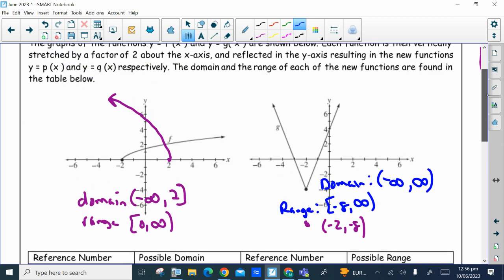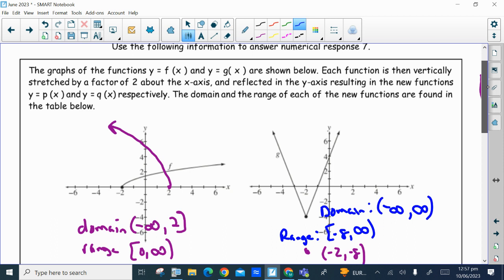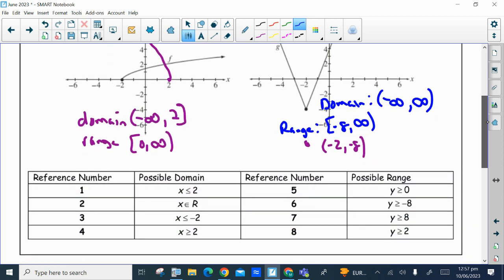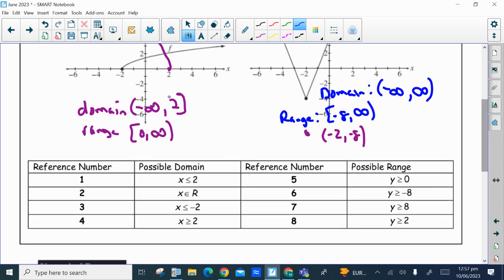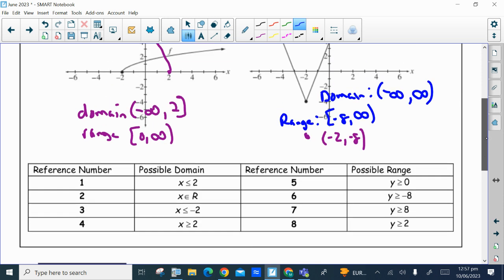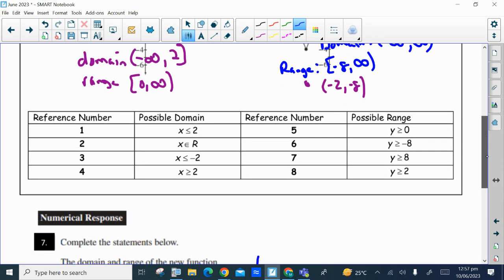So for p, which is connected to f, the domain is between negative infinity and 2, and the range is from 0 to positive infinity. So the possible domain would be that x is less than or equal to 2. So that is 1. The range of this graph is that y is greater than or equal to 0. So that is 5.